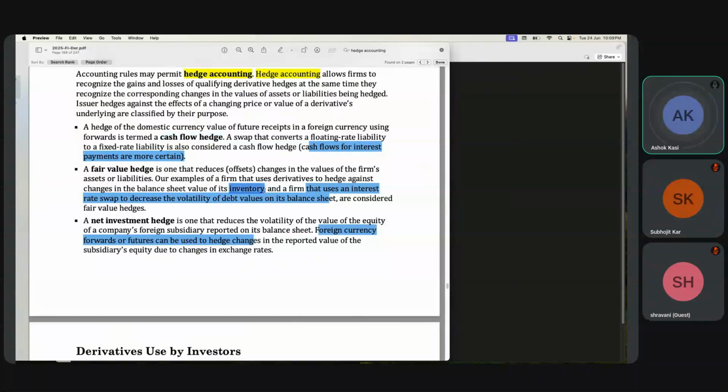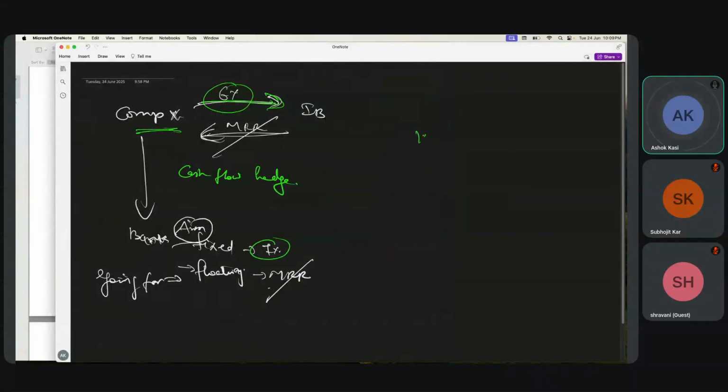The second one is inventory. Imagine Kalyan Jewelers. Kalyan Jewelers is the example company I'm taking here, but I will not even get to see Kalyan Jewelers reporting this in the newspaper. So let me take that example also.